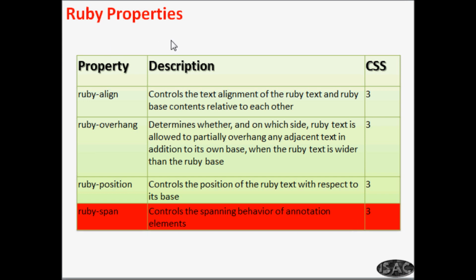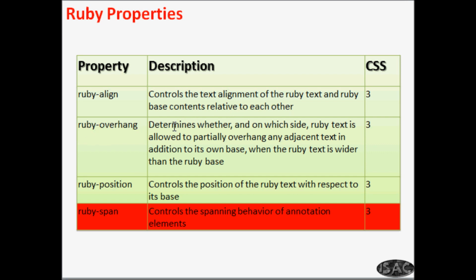There are some Ruby properties. So Ruby line, Ruby overhang, Ruby position, and Ruby span. So Ruby line controls the text alignment of the Ruby text and Ruby base contents related to each other. Okay.